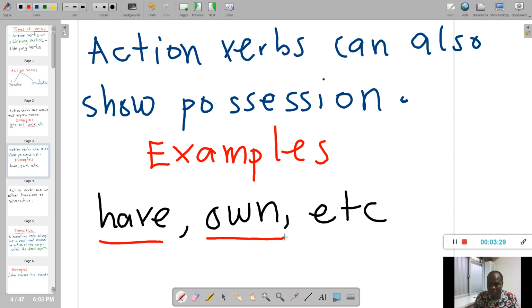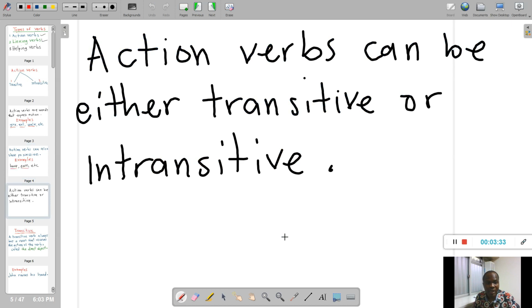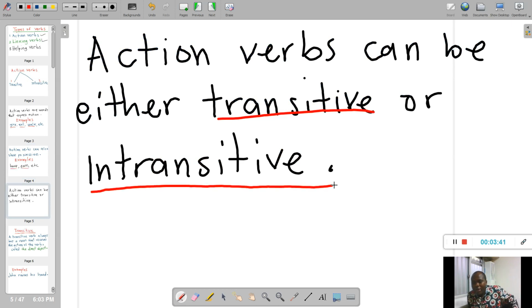Let's continue further. Action verbs can be either transitive or intransitive. So we can have an action verb in two ways. We'll look at that later on.